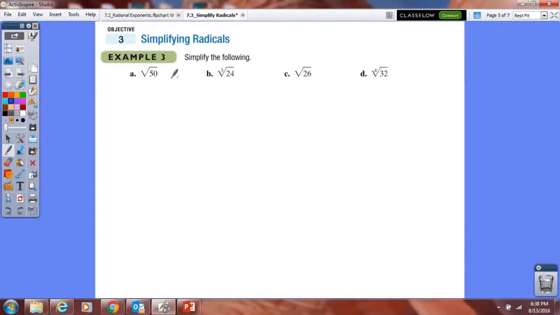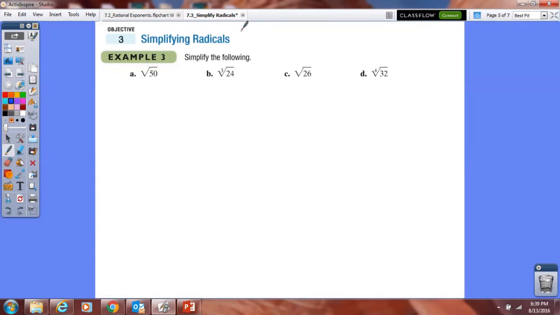Alright, so we're going to simplify the radicals. These are not perfect squares, so to simplify a radical, what we're going to do is break this into perfect squares or into perfect cubes. Let's look at our perfect squares. I'm not going to do 1.